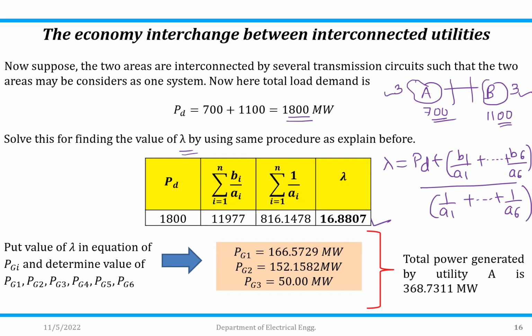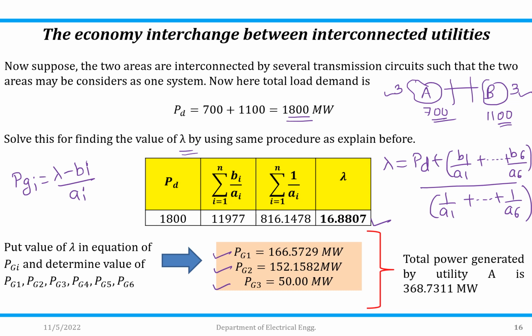Now we will put the value of lambda in the formula. We know PGi will be equal to lambda minus Bi upon Ai. If we put lambda equal to 16.8807, B1 A1, we find PG1, B2 A2, we find PG2, and like that for PG1, PG2, PG3.